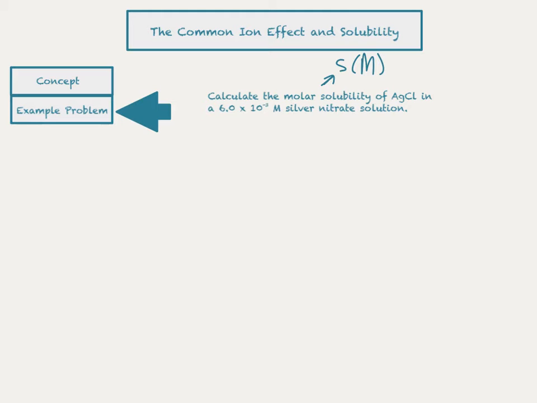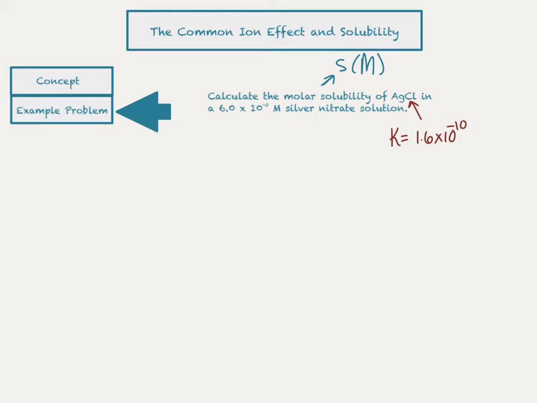Now, in a question like this, I know that I need to go ahead and find the K value for silver chloride, which again is 1.6 times 10 to the negative 10. And I would usually look up that value in a textbook. There'll either be a table within the chapter or in an appendix at the end of the book.